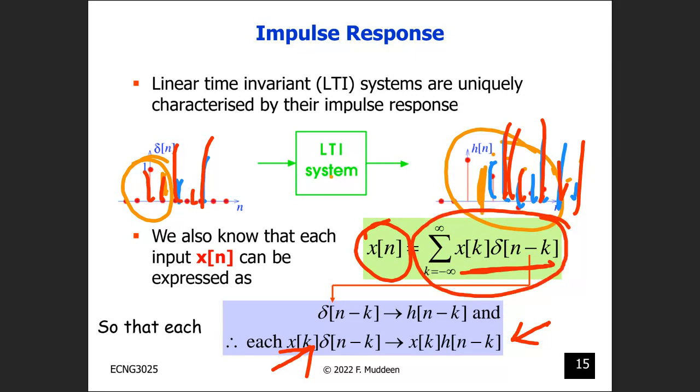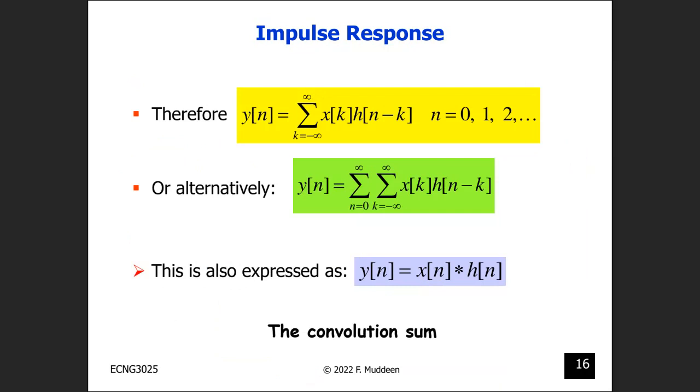Make sense? In other words, the total system output is the sum of each of these, for n equal to 0, which is the first impulse, n equal to 1, which is the second one, n equal to 2, which is the third one, and so on.